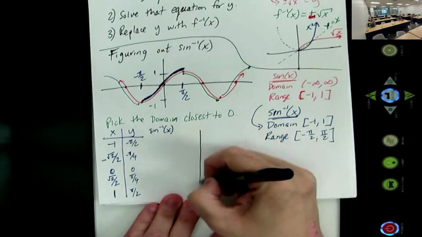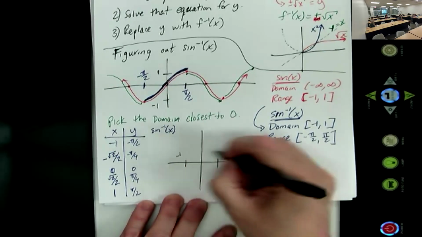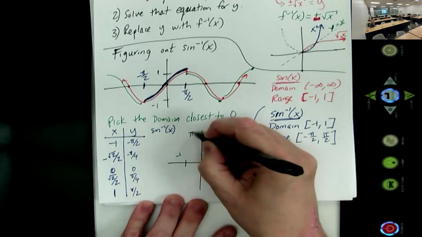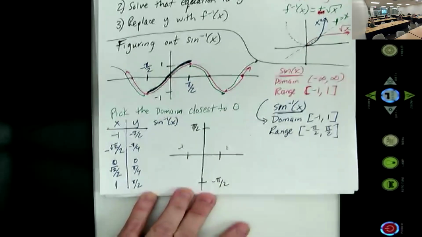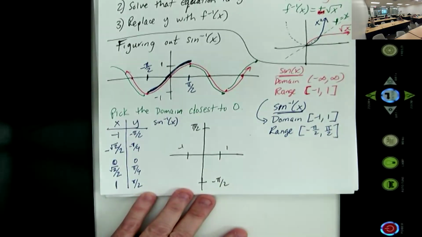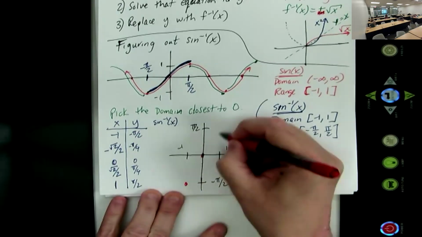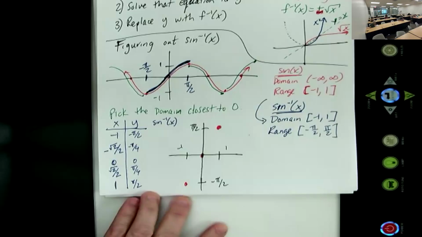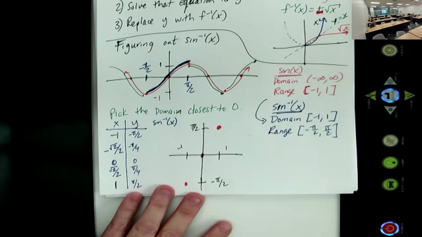So if I were to graph sine inverse, it goes from -1 to 1, up to pi over 2 and down to negative pi over 2. Root 2 is like 1.4-ish, dividing it by 2 is like 0.7-ish.